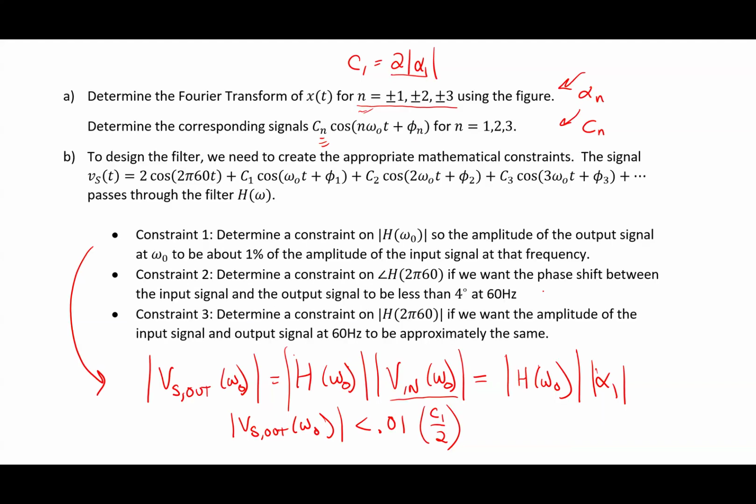So basically I look at these constraints and go through a process of elimination. Now, the other 2 constraints I have are on the angle. So I say determine a constraint on the angle at 2 pi 60, if we want the phase shift between the input signal and the output signal to be less than 4 degrees at 60 hertz.